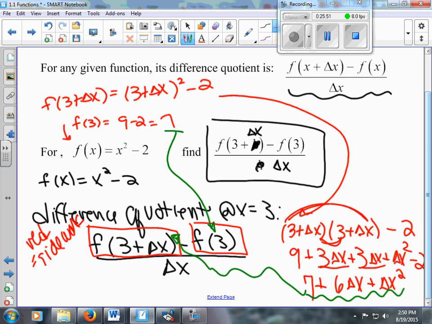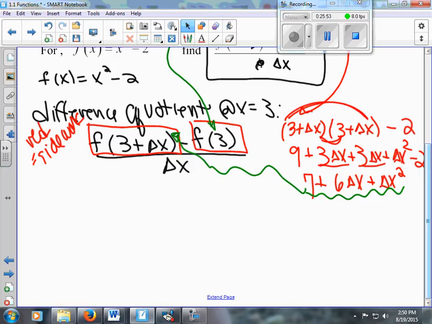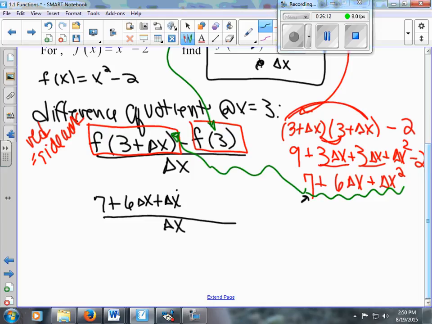Okay, so now that I have those things figured out, I'm going to go back to what I'm supposed to find. It's f of 3 plus delta x minus f of 3 over delta x. Okay, so I didn't do anything down there. That's still delta x. But the first red box, f of 3 plus delta x, that's this, right? So that I'm going to put in that spot 7 plus 6 delta x plus delta x squared.